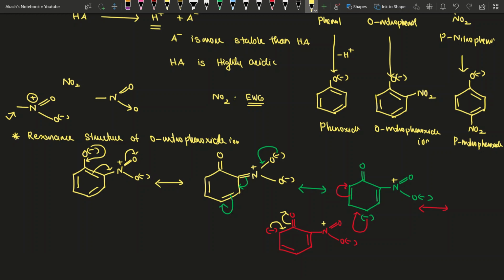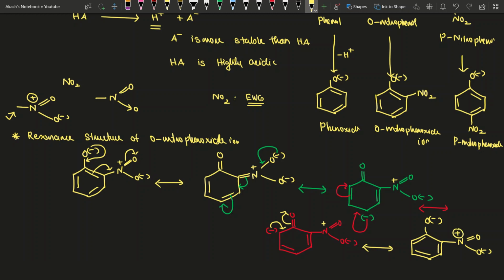Nitrogen valence is 3, so if one more bond is formed, we need to give a positive charge. So the next structure will be CO minus, double bond, double bond, double bond, N double bond, O minus, plus.